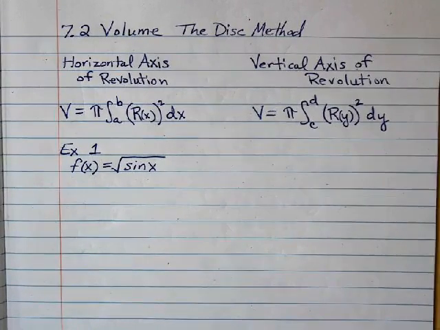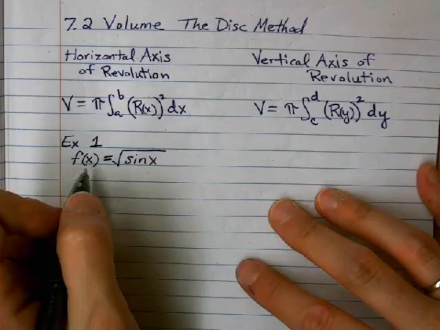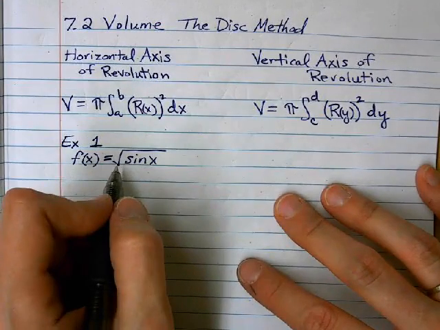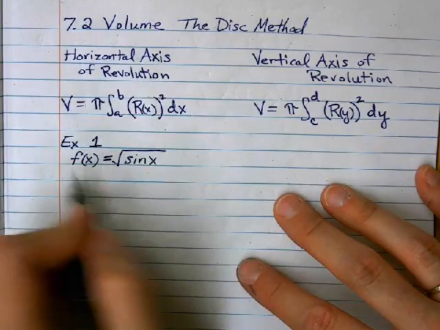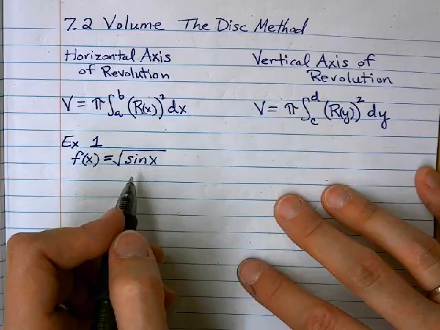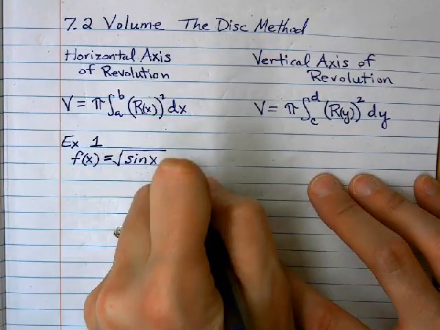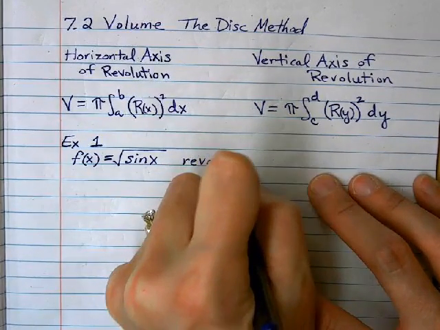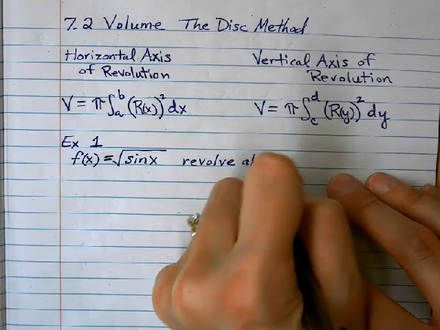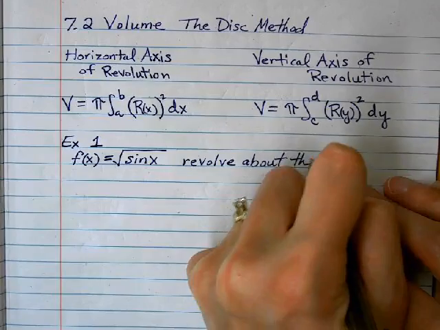Okay, so here is a formula, and it says find the volume of the solid formed by revolving this region around the x-axis. So it'll tell you what to revolve your problem around. Revolve about the x-axis.